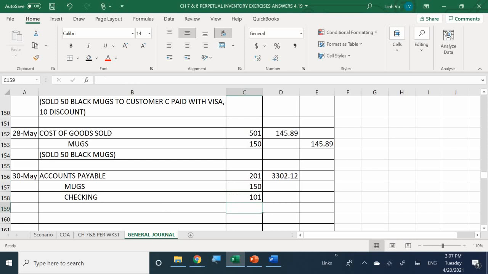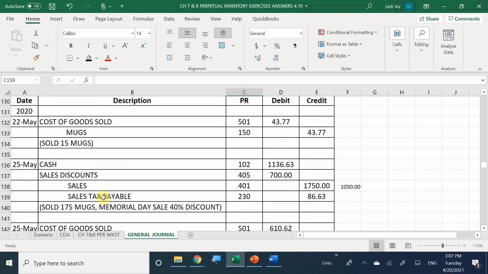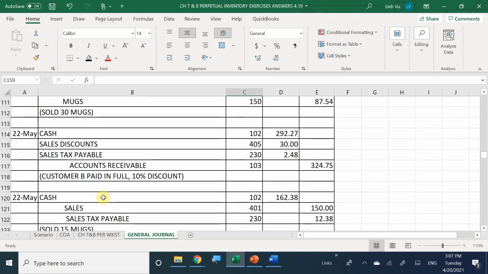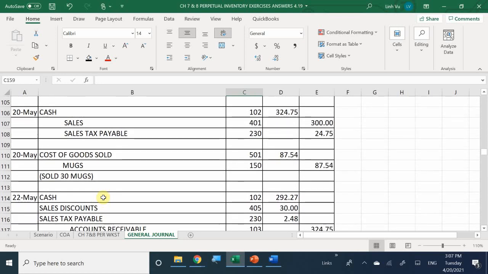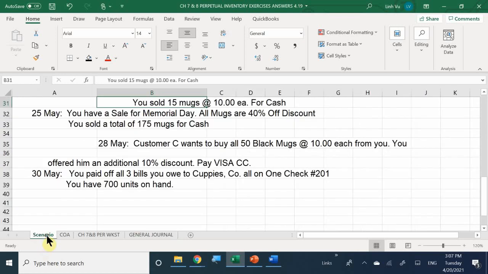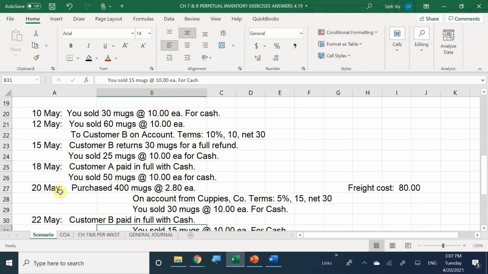Okay? So, we've already talked about this. When was my actual discount for? It was on May 20th. So let's take a look on May 20th. Let's look at the scenario actually. So May 20th.